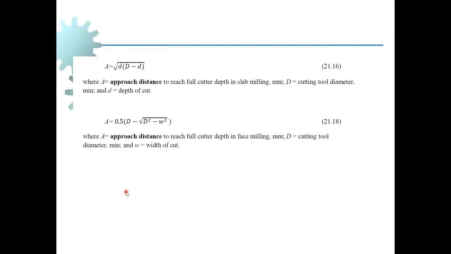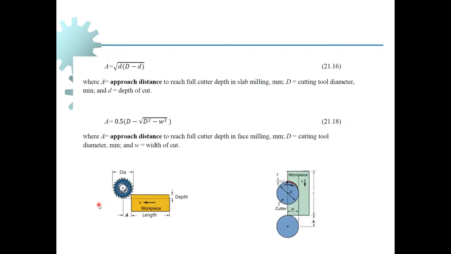Let's take a look at the next slide, which is telling us what this is. Generally, there are two different or broad groups of machining operations. Those are referred to as peripheral or slab milling operations. The one that is shown here, where the axis of the rotation of the cutting tool is parallel with the surface being machined, like this one.